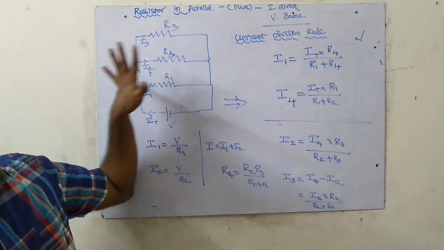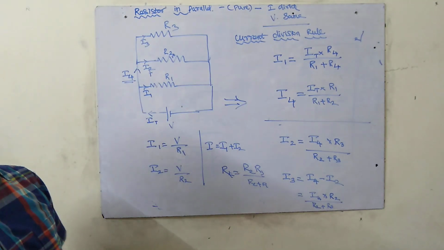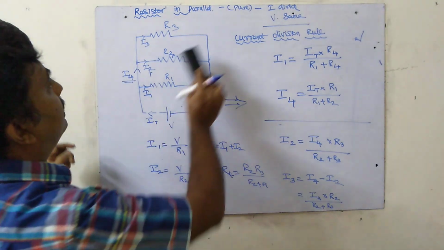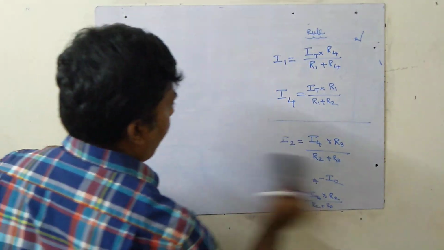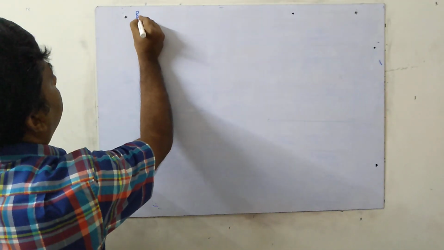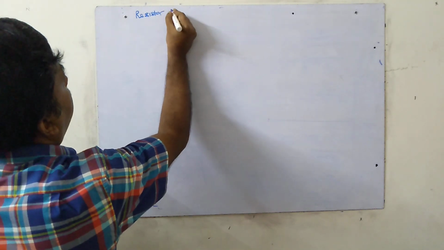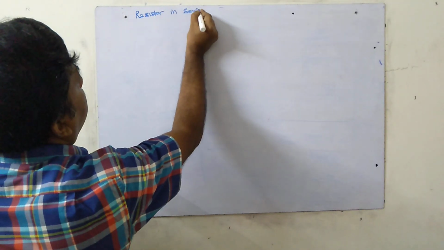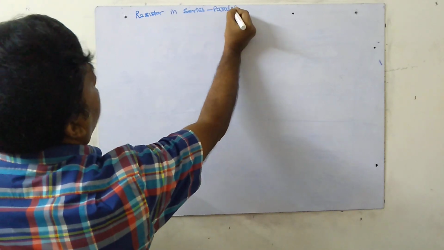Suppose, in very rare cases, I go for three resistors connected in parallel. Okay, last one: resistors connected in a series parallel circuit. This is the logical one.